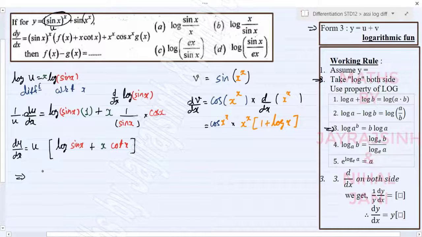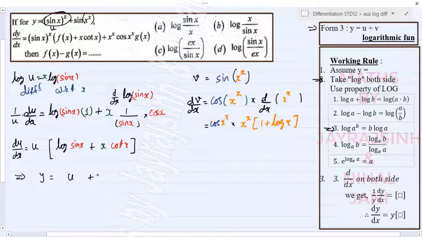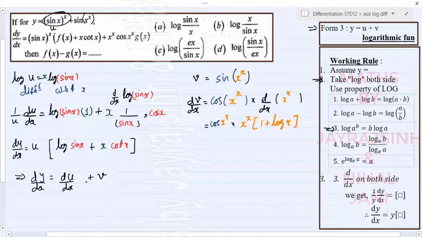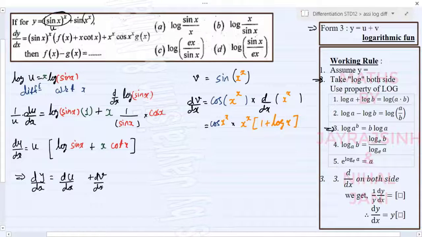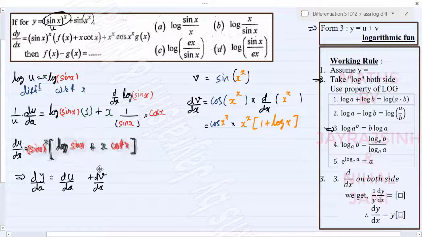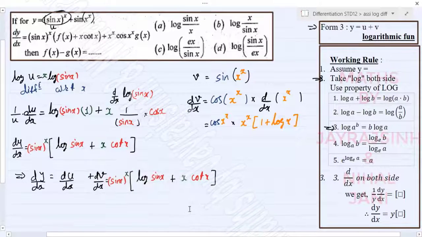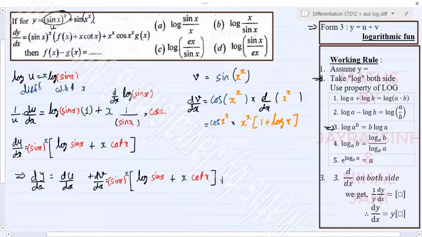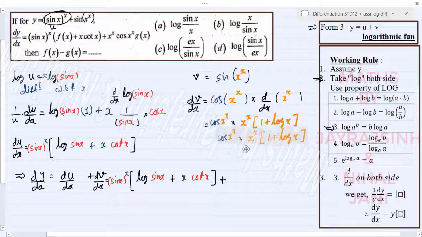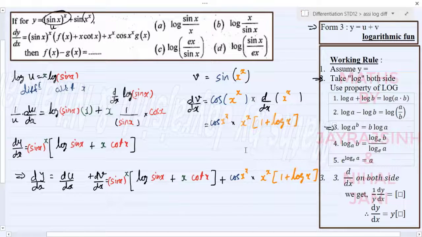Now let's get back to our original question where y is equal to u plus v, and we need to find dy by dx, which will be equal to du by dx plus dv by dx. So our first term is du by dx plus your second term is dv by dx.